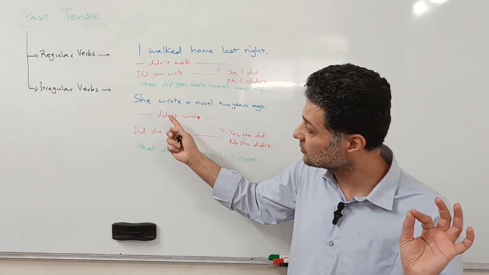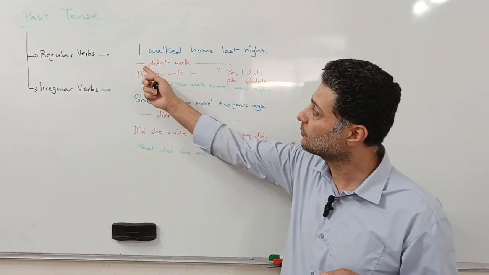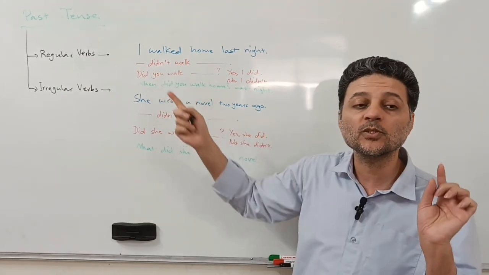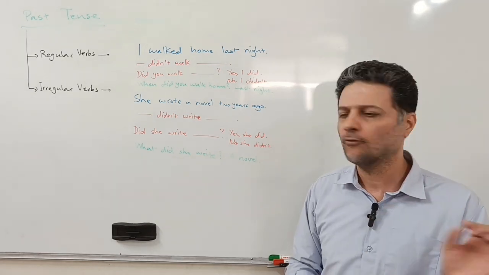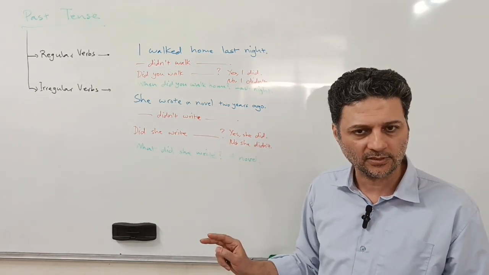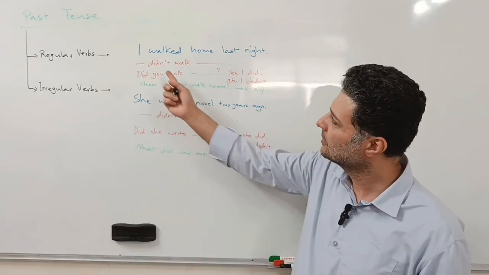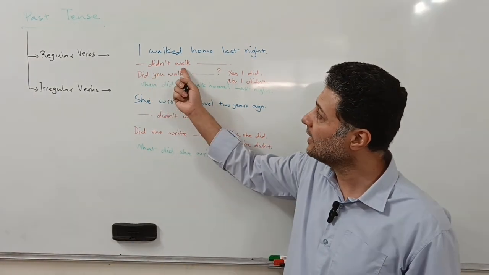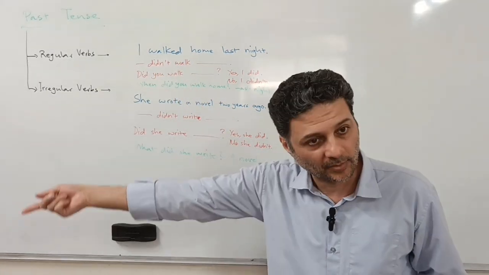In the negative structure or question, we don't use the past form. We use did, not do, not does. Only did, for all subjects and pronouns, whether it is he, she, I, you, we, they: didn't. And then walk without ed, because did already refers to the past.